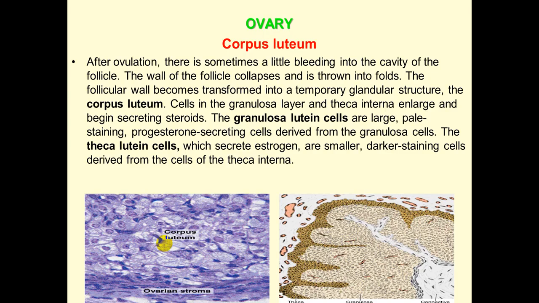So the follicle, the primary oocyte together with 2-3 membranes go away, and from these openings, from erupted capillaries, blood goes to the cavity, a small bleeding. The wall of the follicle collapses and is thrown into folds. You see?